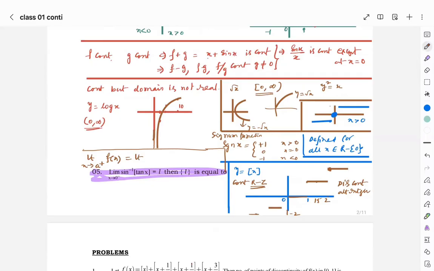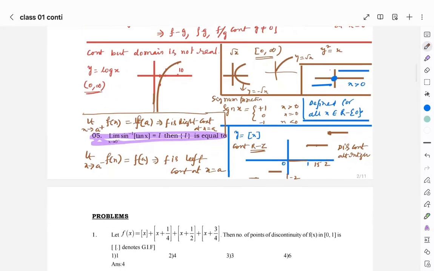For the limit as x approaches a plus, only the right limit, we don't check the left limit. We say f is right continuous at x equal to a if the limit as x approaches a plus of f of x equals f of a. If the limit as x approaches a minus of f of x equals f of a, we say f is left continuous at x equal to a.